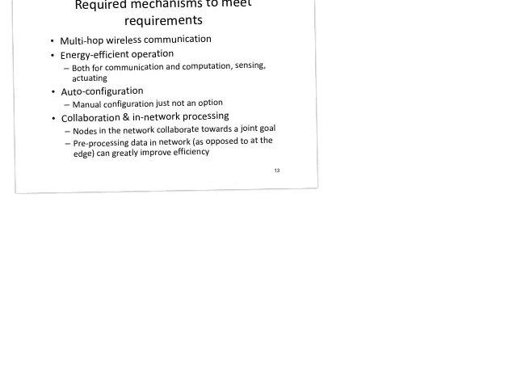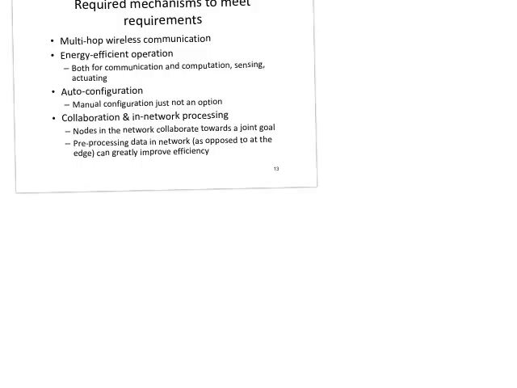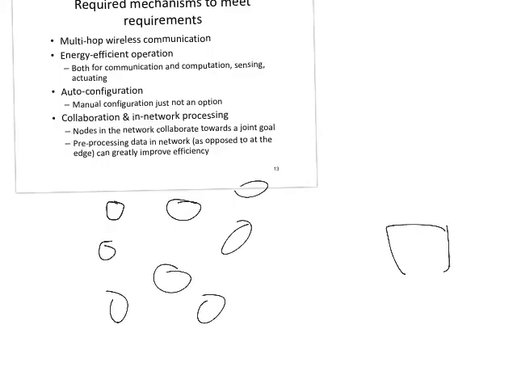And let me give you some figures to try to appreciate that. So the sensor network is like something like this, and we have the fusion point here. Usually in sensor networks, we collect information from the environment and send it to the central server or the fusion node or the sink node they call it.